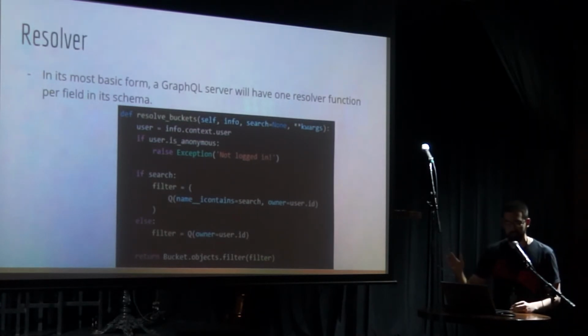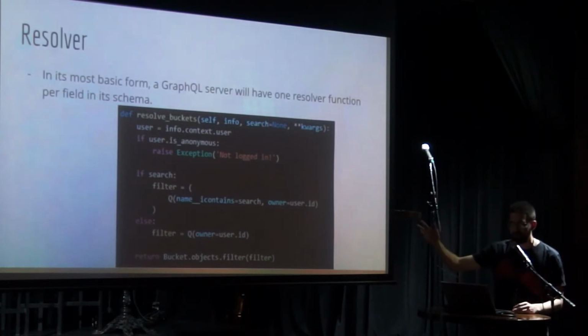So for this example here, I have an implemented resolver in Python for a query that returns the buckets. So it's a resolve buckets. Basically, what it does is check if there is a user logged in. If not, just return an exception saying you're not logged in.